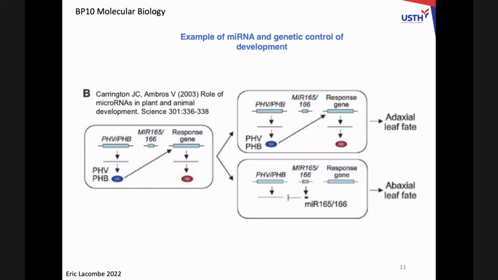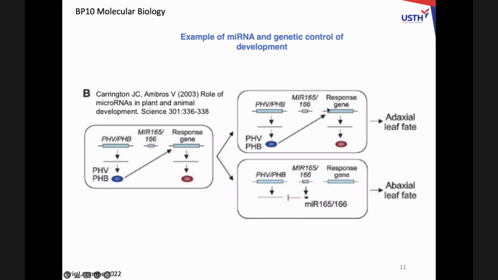On the right of the slide is the situation in terms of gene regulation in the adaxial cells, the ones on the top, and the ones on the abaxial side of the leaf. Do you understand the way it's presented? It's before the specification, and then once the two different sides are specified with their differences.